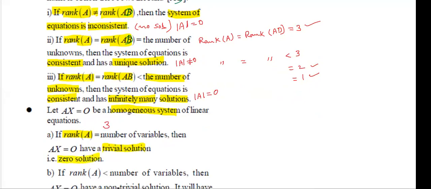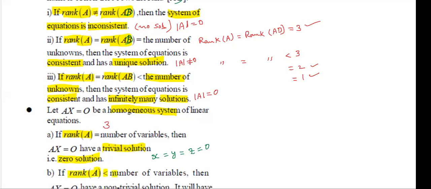How to write the zero solutions here? x = 0, y = 0, z = 0. When is it possible? When the rank of A value is 3. Rank of A value 3 means it has trivial solutions, and those are x = y = z = 0.